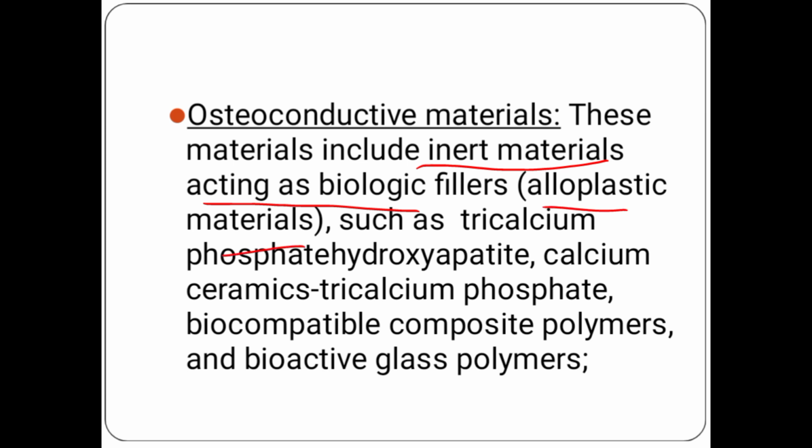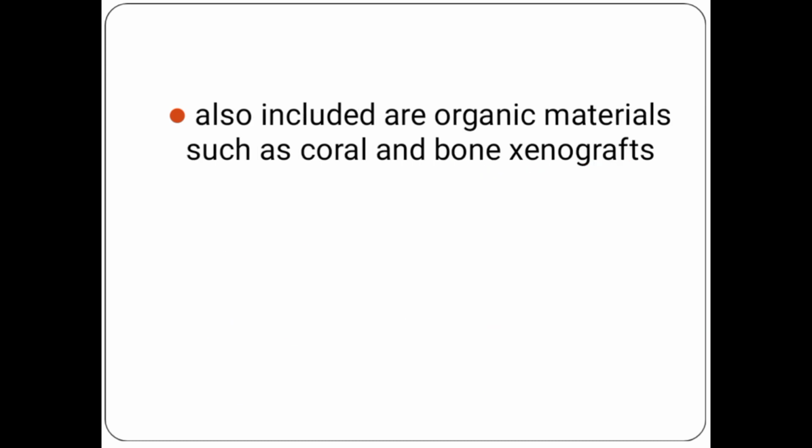Alloplastic materials are synthetic, non-natural materials used in medical procedures for bone and tissue reconstruction, such as tricalcium phosphate, hydroxyapatite, calcium ceramic, biocompatible composite polymers, and bioactive glass polymers.